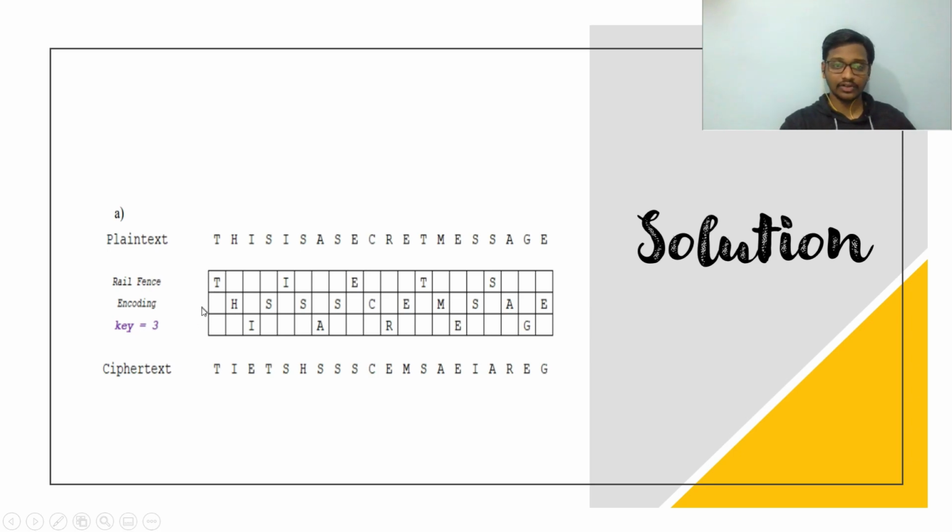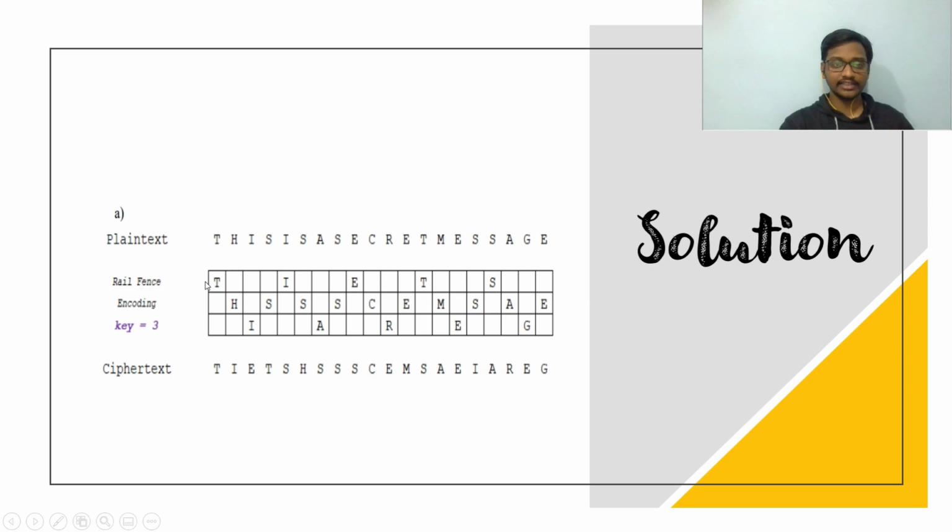So the number of rows equals the key, and the number of columns equals the number of characters present in the plain text. The number of columns is based on the plain text and the number of rows is based on the key. After dividing the columns and rows, we arrange the plain text into the diagonals. So here are the diagonals.